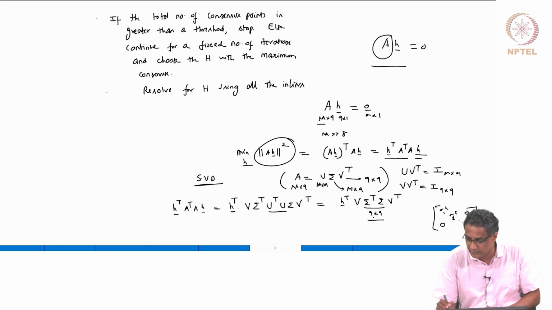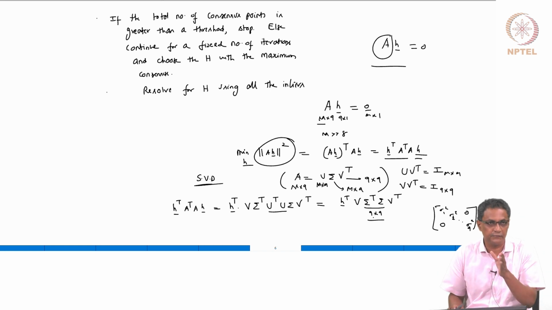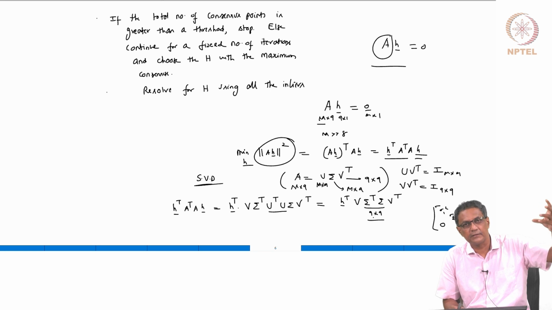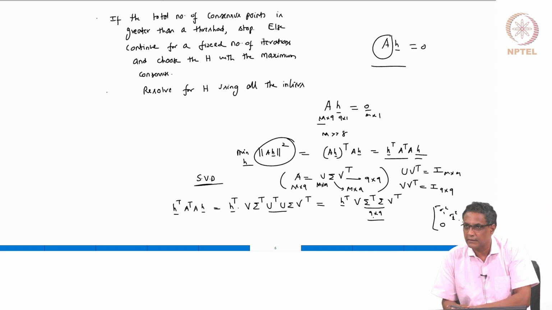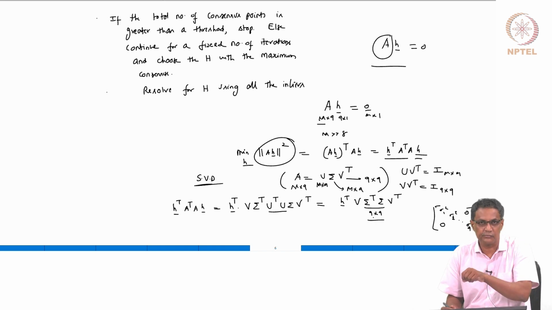What are the singular values actually? They are the roots of the eigenvalues of A transpose A. I'm indicating these as sigma 1 square, sigma 2 square, up to sigma 9 square. You can order the columns of V such that the singular values are in order, with the top one being sigma 1 square and the smallest one being sigma 9 square. It can so happen that sigma 9 square is also 0. It depends upon how your point correspondences are, but that will be the smallest value.